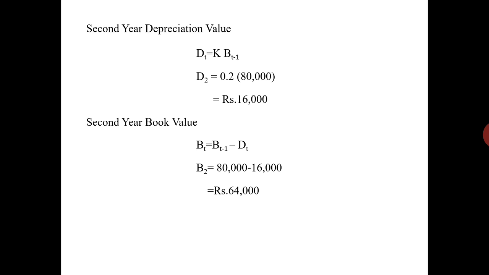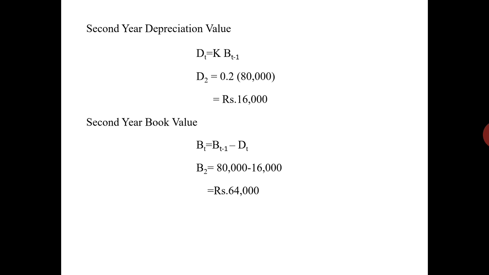Likewise, for the second year we calculate the book value and depreciation amount. Already we know the formula for depreciation. Substituting the values, D2 equals 0.2 into 80,000. 80,000 is the previous year book value, that is the first year book value.